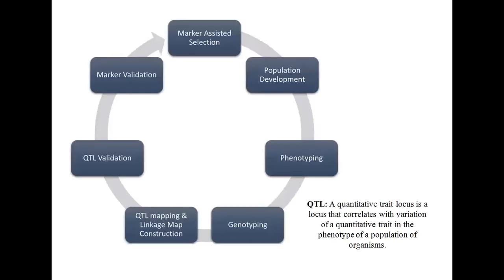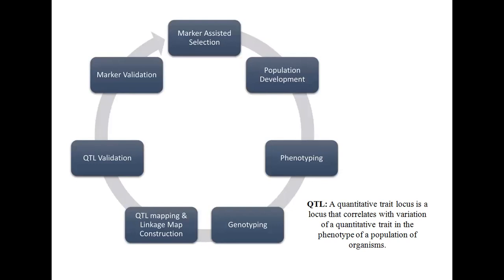Okay. So first of all you need to know what marker assisted breeding is. In the term you can see marker assisted breeding or marker assisted selection, whatever you may say. MAS, S for selection, MAB, B for breeding.